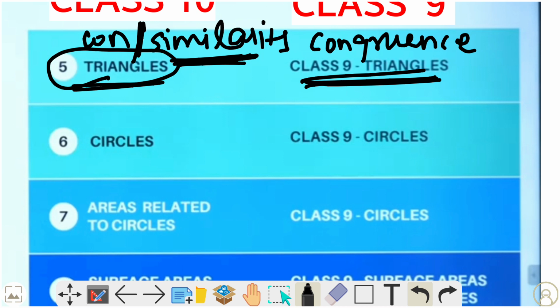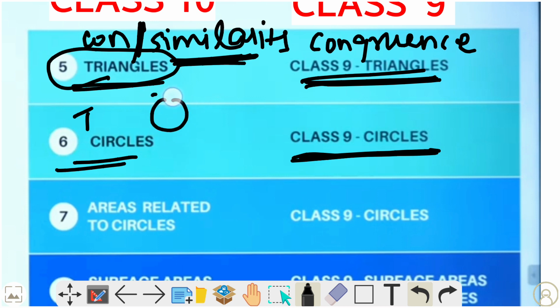Okay, next, class 9 circles and class 10 also circles. In class 10 you have tangents. You have two theorems. One is the pair of tangents: in a circle we construct two tangents from an exterior point outside the circle. So this is one theorem.